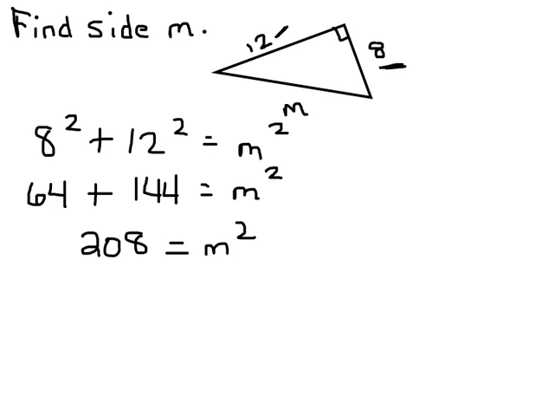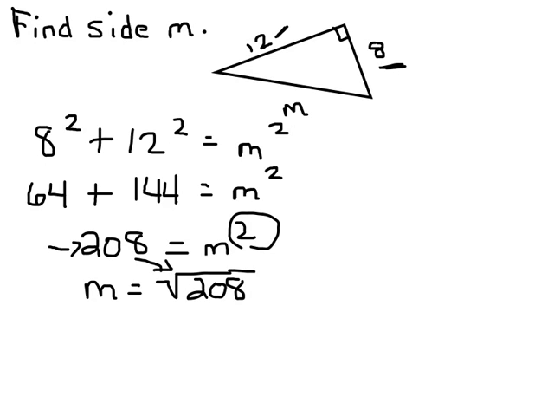So if I say M is equal to the square root of 208, I just get rid of this square by putting this under the square root sign.